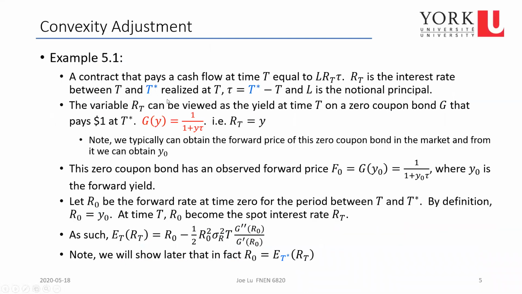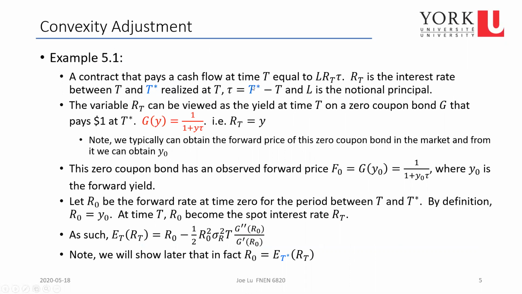Now, in this example, let's look at a contract that pays a cash flow at time T equal to notional times R_T times this tau here, where R_T is the interest rate between the big T and T star.